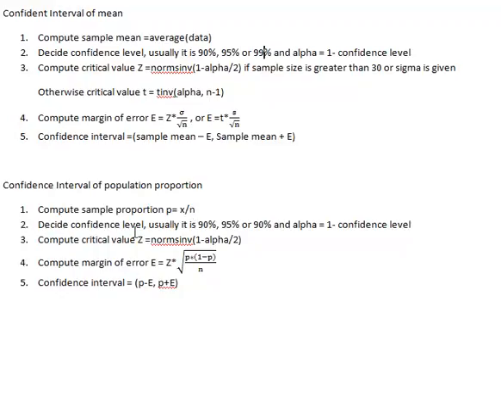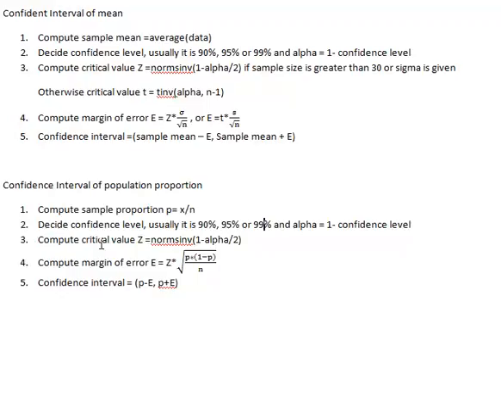Second, we decide the confidence level. Again, usually it is 90%, 95%, or 99%, and alpha is 1 minus the confidence level.